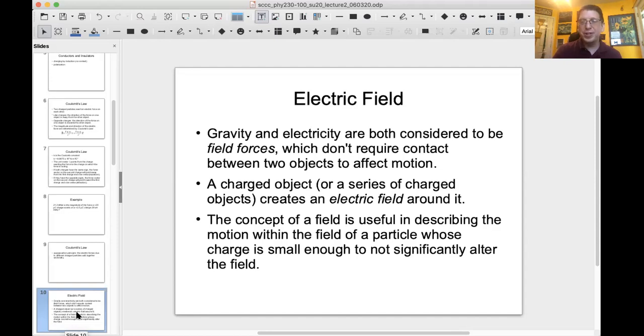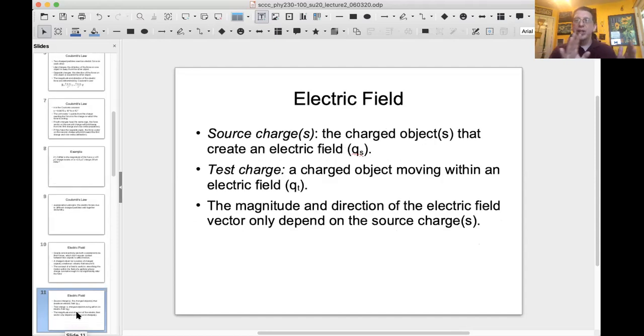So what we're going to do is define a source charge or source charges and a test charge. The source charges are what create the electric field. It could be a big single charge, or a combination of a bunch of charges that are creating the electric field. And then the test charge is the charged object that's moving within the electric field. So we have QS and we have QT.